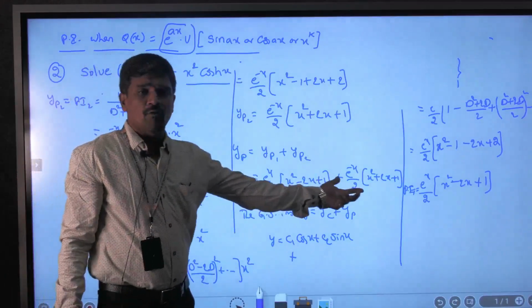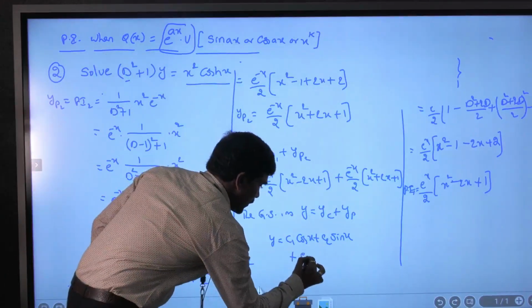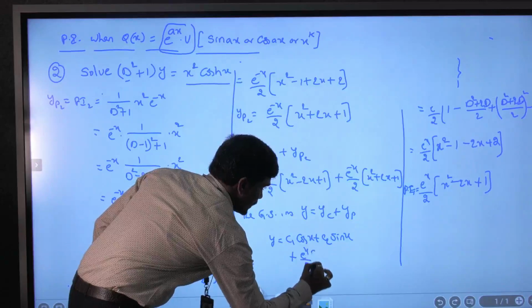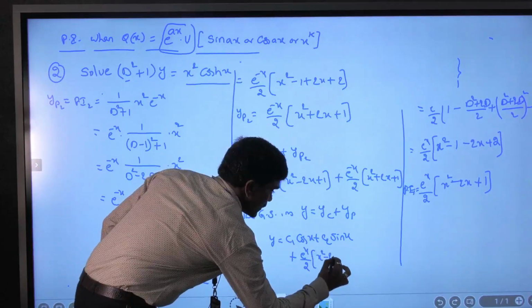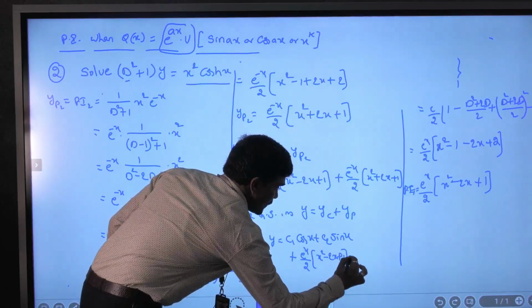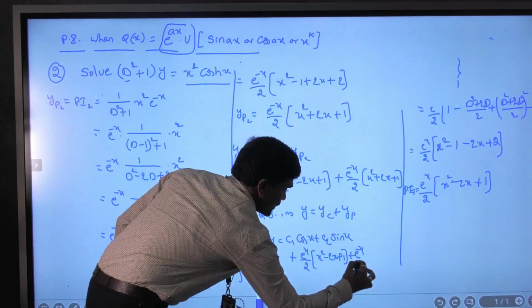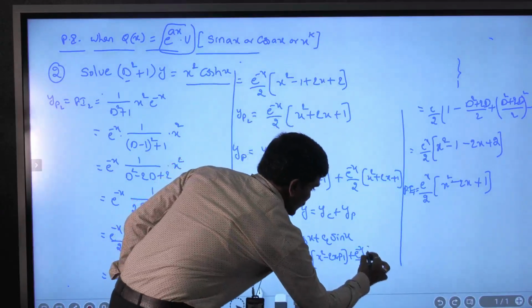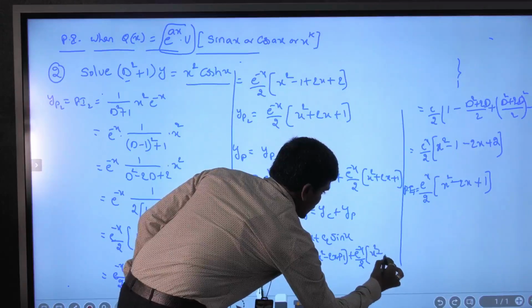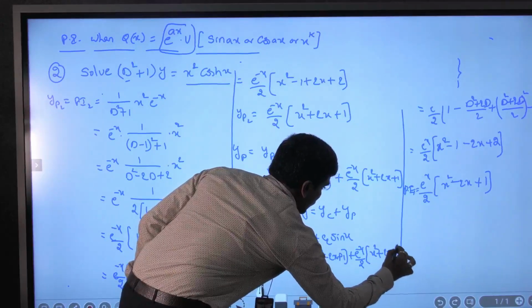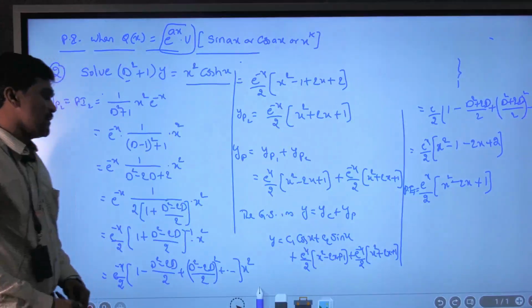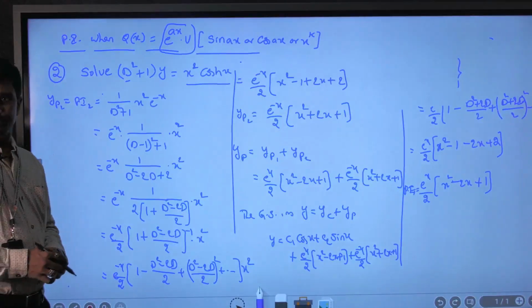So this is the yp. Right, here e^x by 2 into (x² minus 2x plus 1) plus e^(-x) by 2 into (x² plus 2x plus 1). So this is the final general solution.